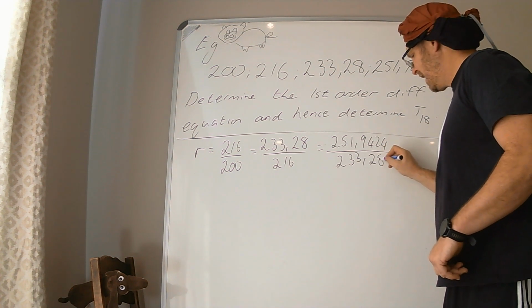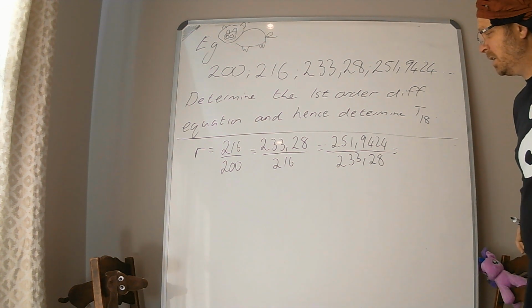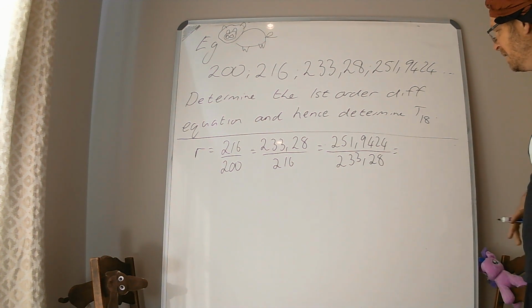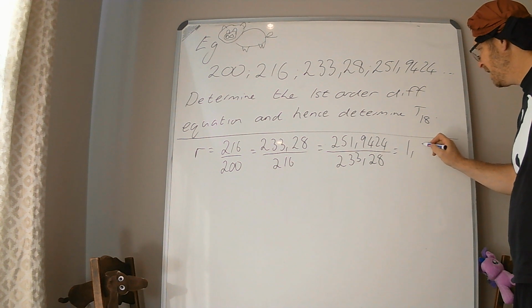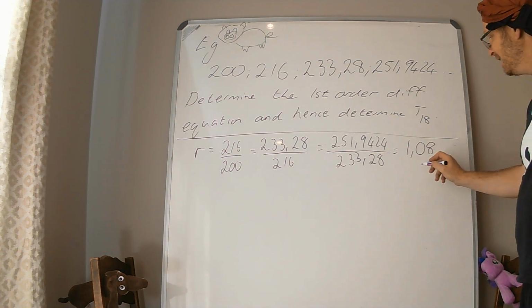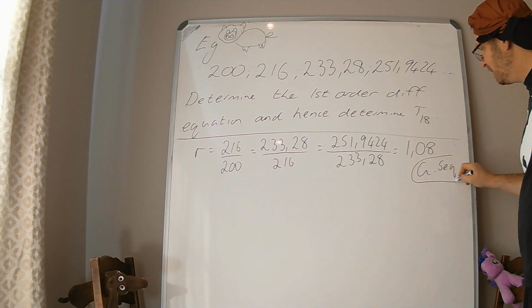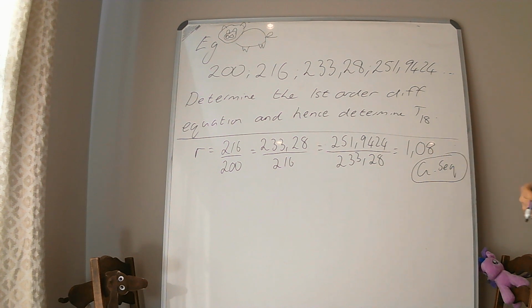If you haven't made a careless mistake, you get a common ratio of 1,08. And if there's a common ratio, it's telling us that it's a geometric sequence. So you're timesing by 1,08 to get from one term to the next.